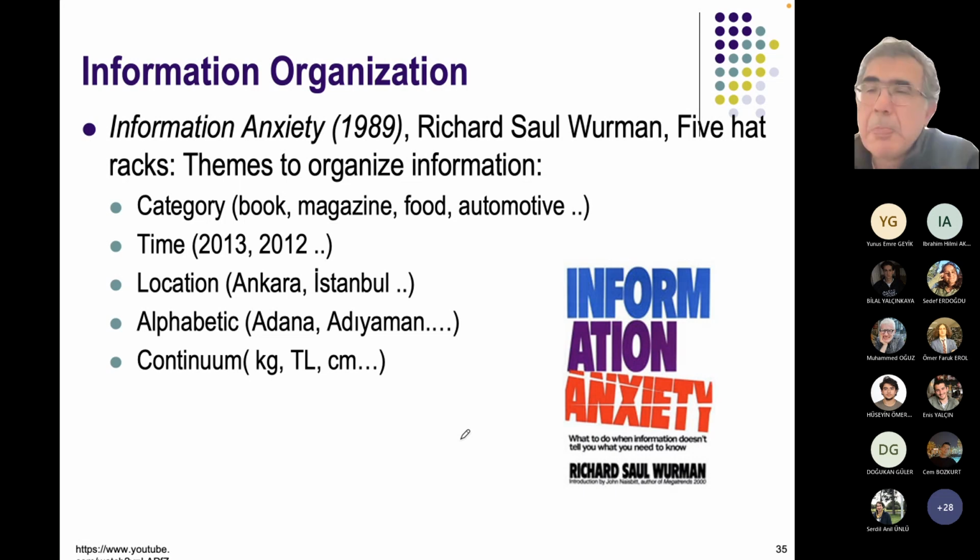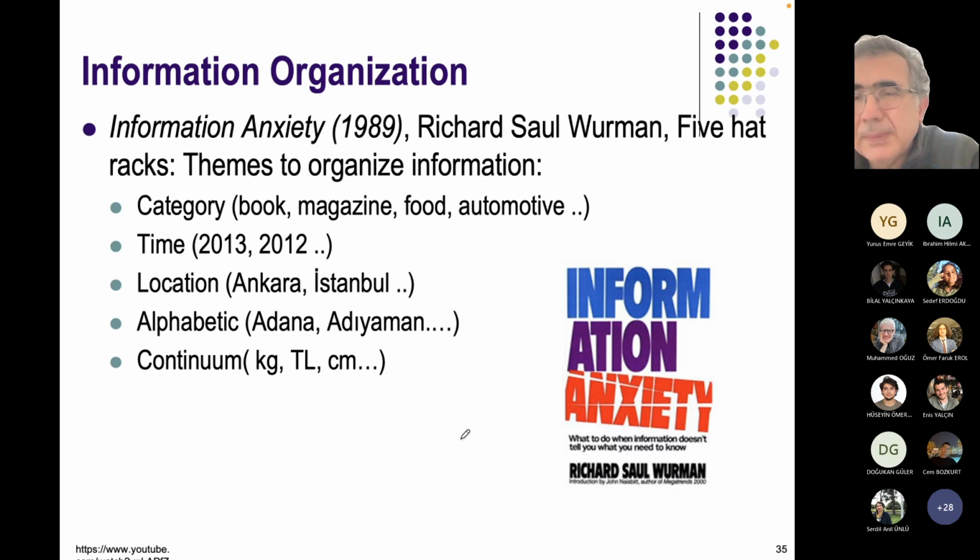He talks about organizing information, and he talked about 5 racks of the information. 1, category, like categorization of the information, like whether the item is a book or a magazine or food or automotive. So that's what categorization means, product categorization.